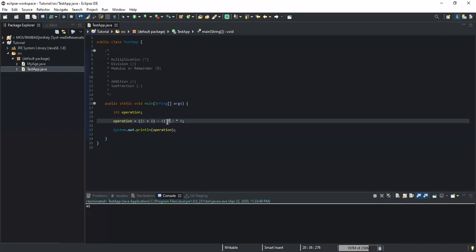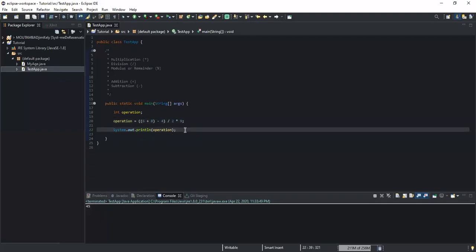So it's going to evaluate 10 divided by 2 first, which gives us 5. And then it multiplies that 5 by 9. So this is what gives us 45 here.